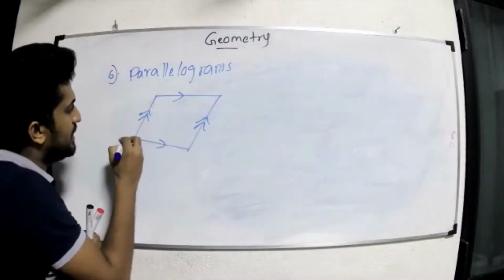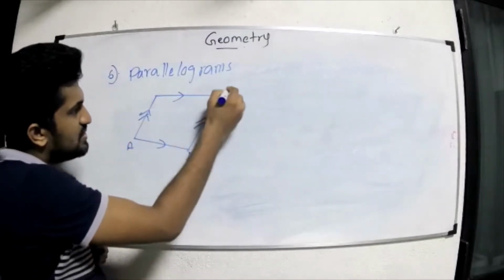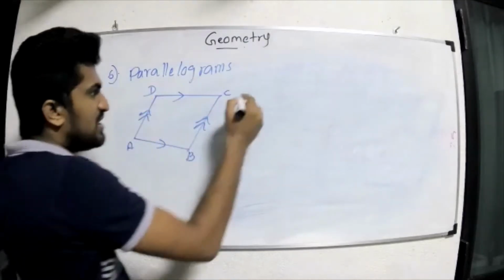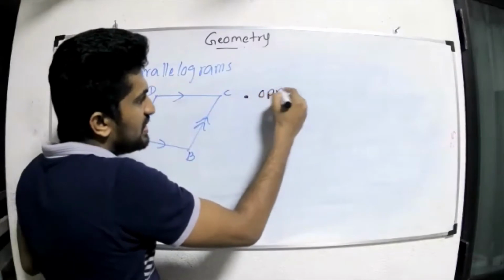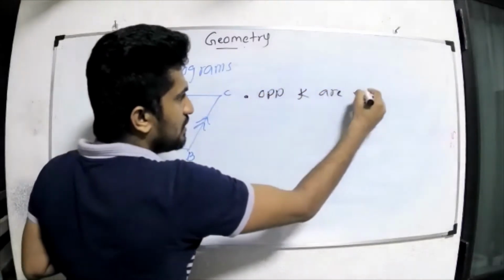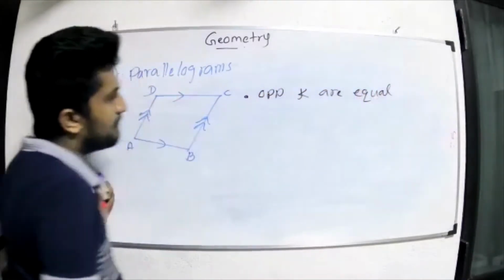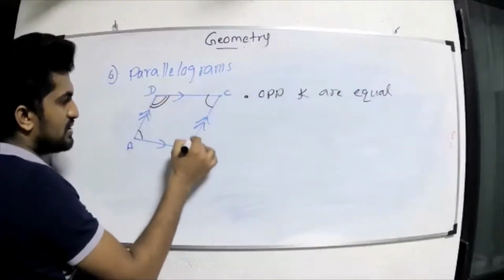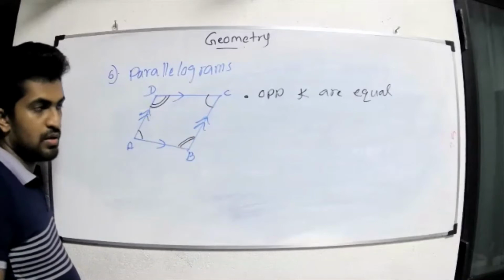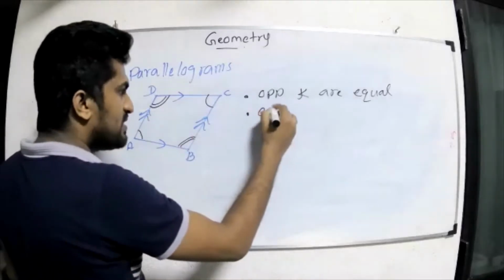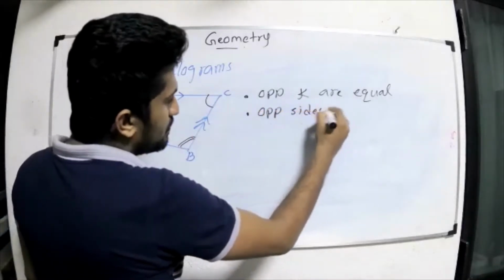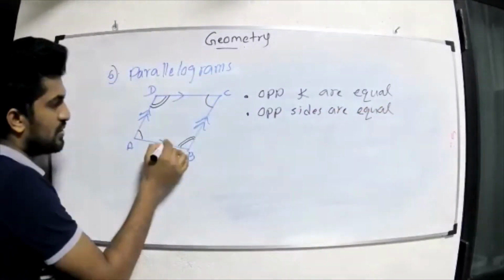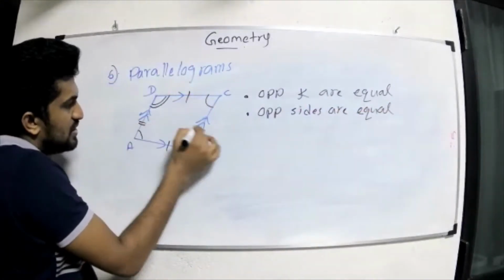If this is ABCD, a parallelogram, the first theorem is opposite angles are equal. That means this is equal to this, this is equal to this. Opposite sides are equal. This is equal to this, this is equal to this.